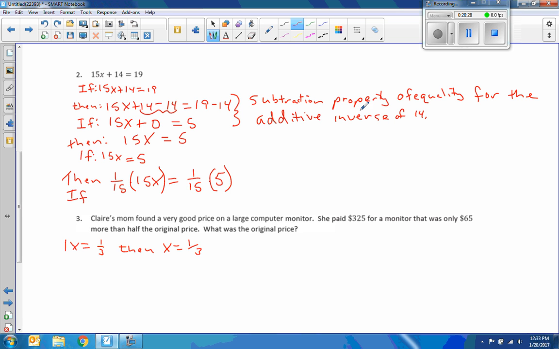So yes, I understand that this is a lot of steps, but if you take the time now to understand what is happening, it will make it much easier.